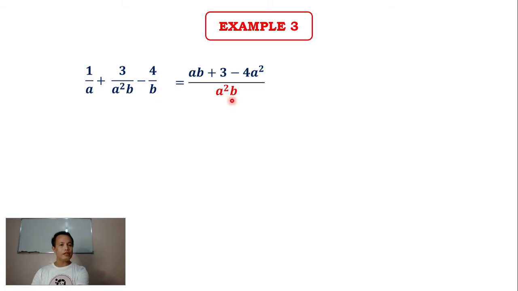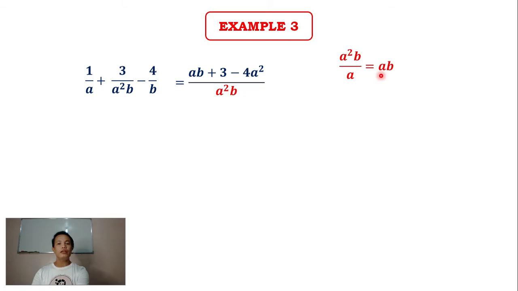The same process, we divide a squared b, our LCD, by the first denominator, which is a. So a squared b divided by a. Since a squared divided by a is a, because a squared can be factored out as a times a, and we have a in the denominator, we can cancel out one a in the numerator.